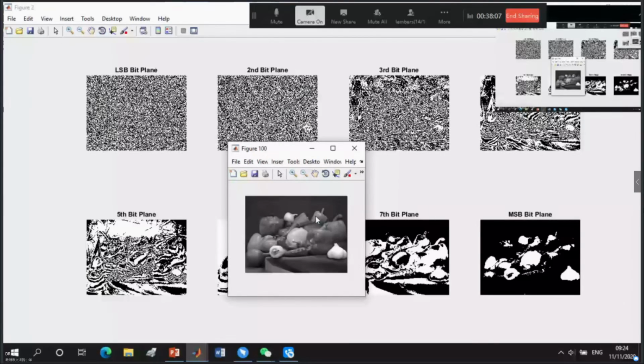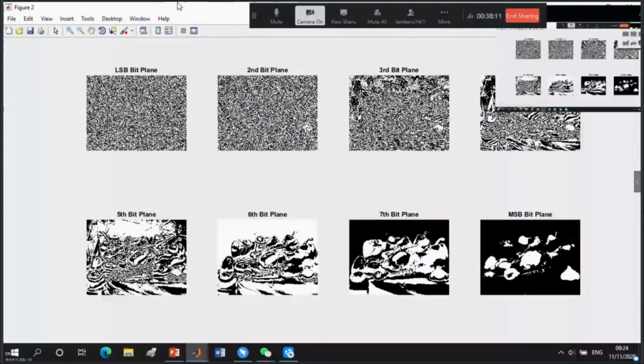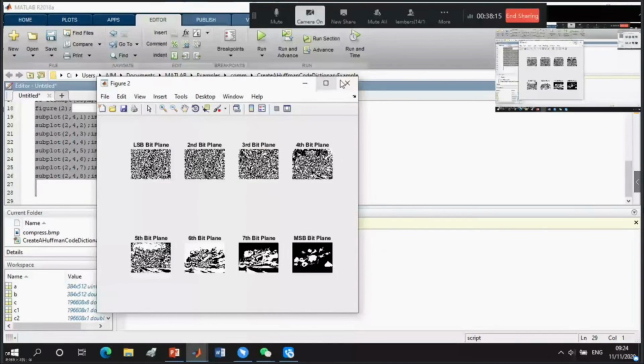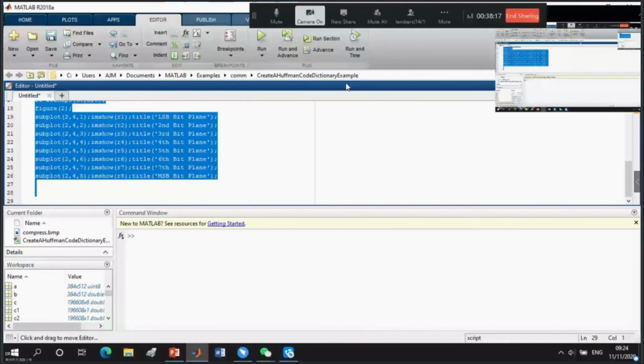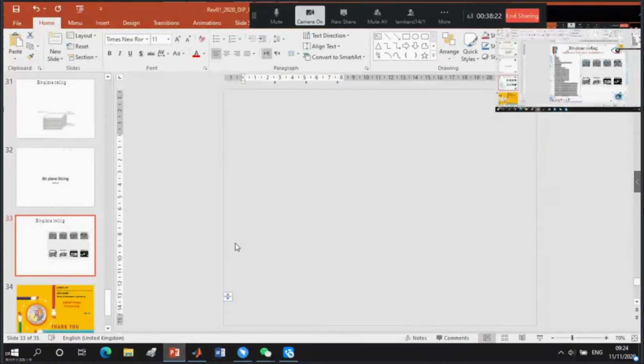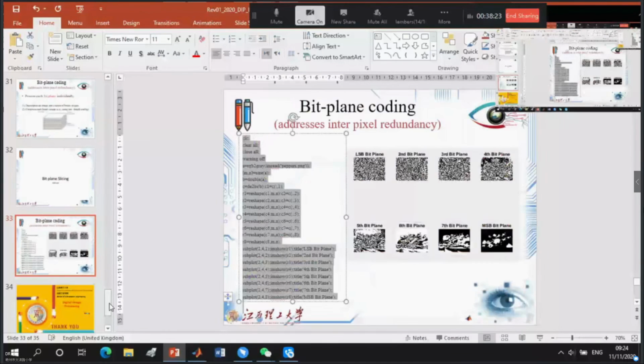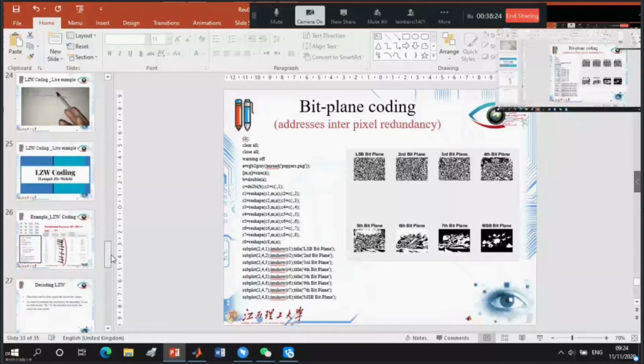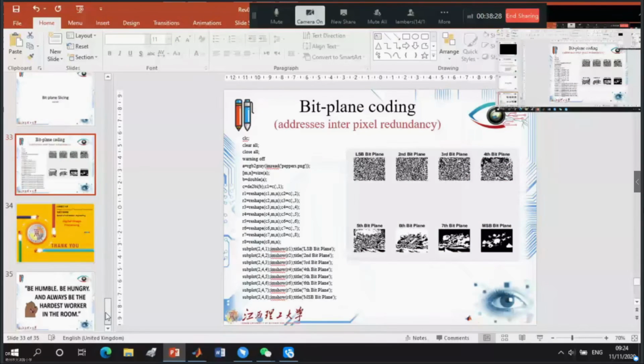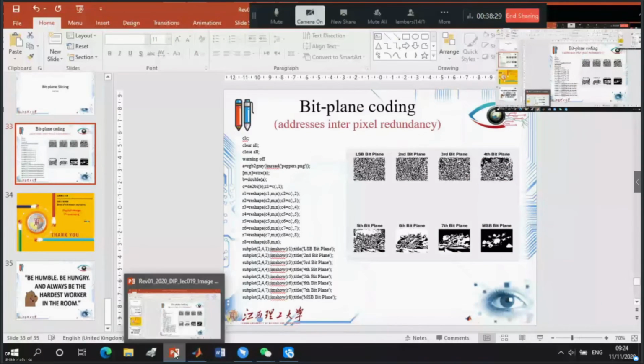That was just the rough idea. For the bit plane, I put more detail in MATLAB in the video so that you can read it yourself. I had one Huffman coding example also that I will show for you, or maybe I will do it in the next lecture.